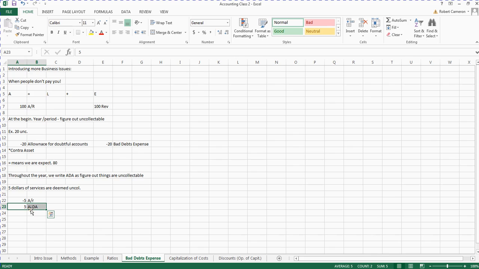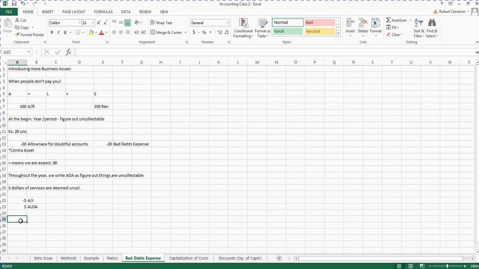And the terminology can be weird, but we're overall making the allowance smaller. It just happens to be that we're adding a positive to a naturally negative account. So that's what's making it smaller. And again, the reason we do this is, as you can see over here, no expense is recognized when we figure out that specific items are uncollectible, because we already have all the expense up here.